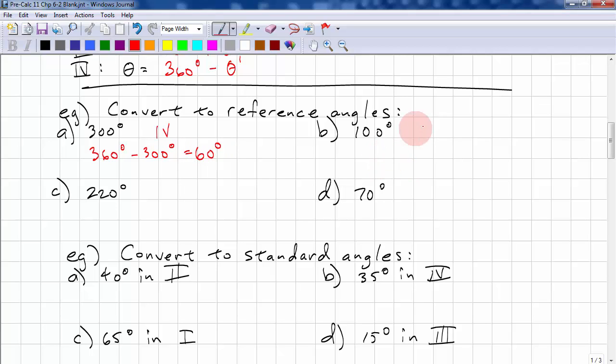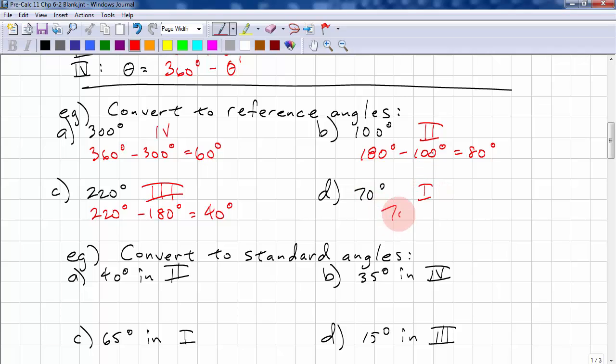Part B, this one's in quadrant 2, and we have 180 degrees minus 100 degrees equals 80 degrees. 220 degrees, that's in quadrant 3, and we do 220 degrees minus 180 degrees equals 40 degrees. And finally, 70 degrees is in quadrant 1, so it's just 70 degrees.